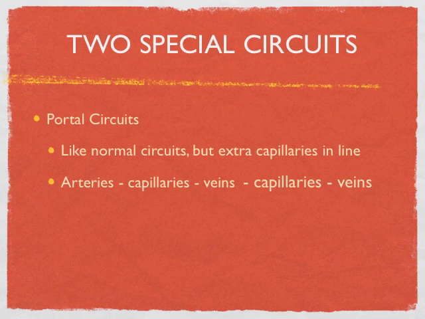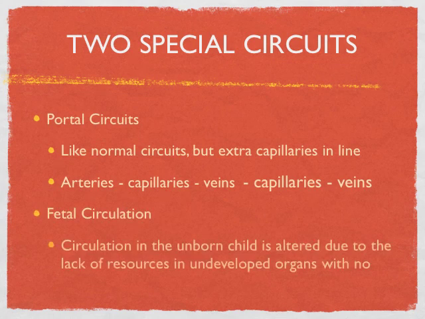The other special circulating pattern is called fetal circulation, and as you might get from the title, this is circulation in the unborn child. Because the child is not in the outside world, where resources like oxygen and nutrients are not available to it, the circulating pattern in the unborn child has to be different than it is in a normal human being.